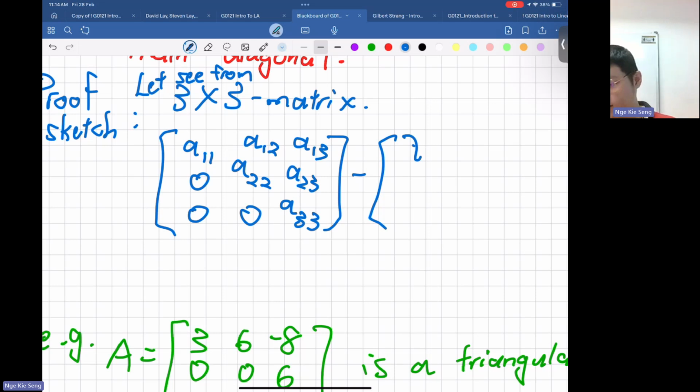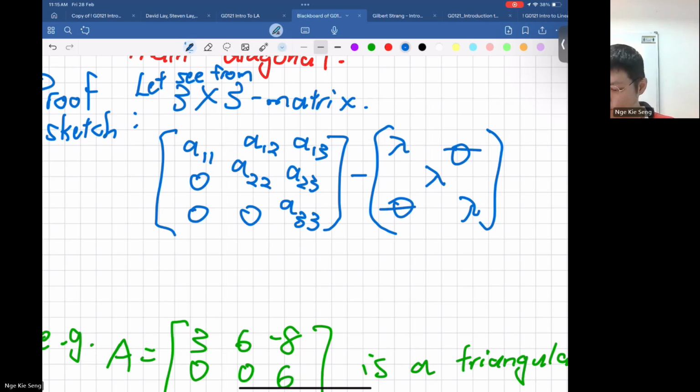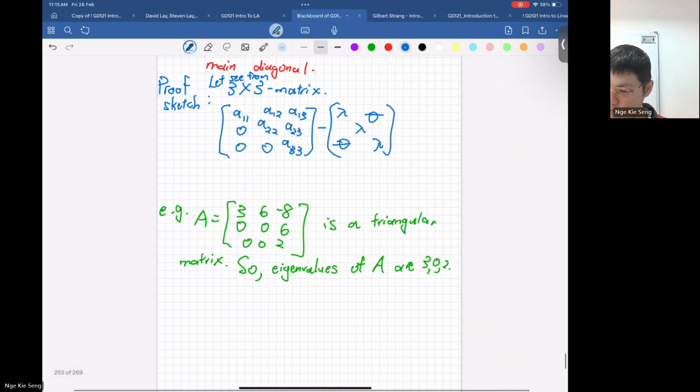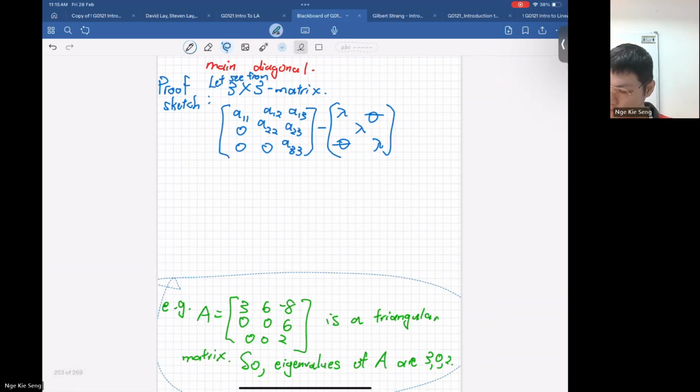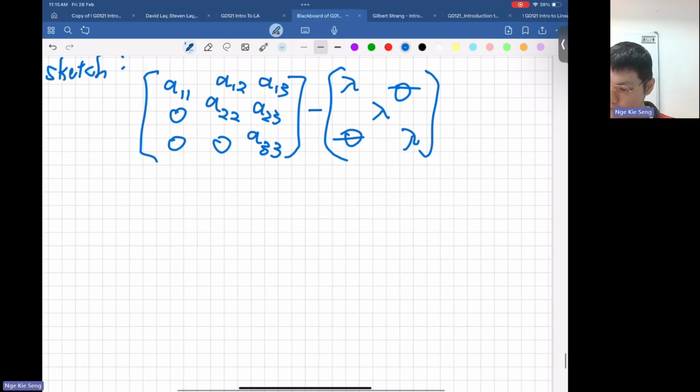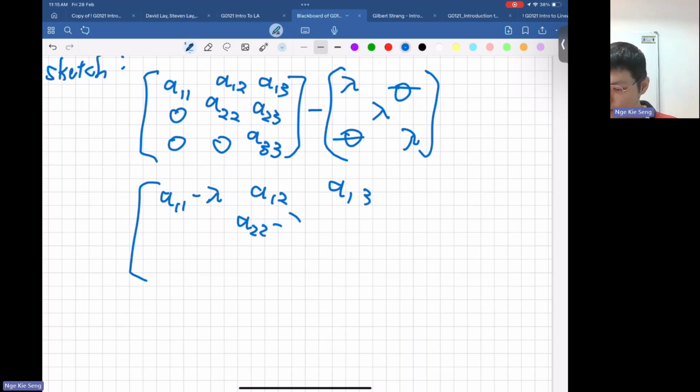So what do we do? Let's look at A minus lambda I. If we take this minus lambda I, what happens? We will get A11 minus lambda, A12, A13, A22 minus lambda, and so on.